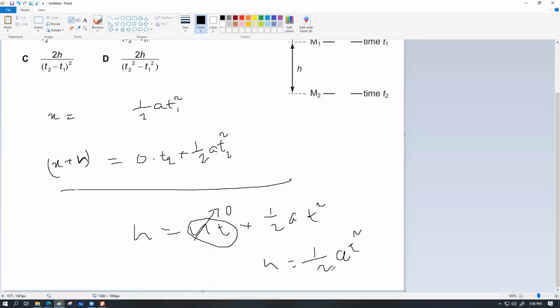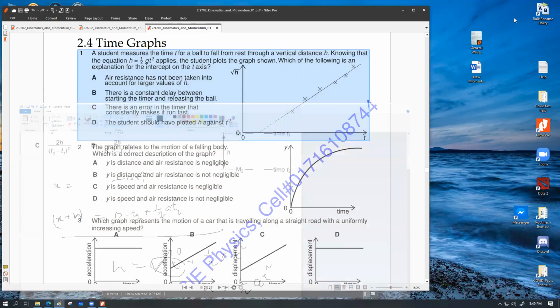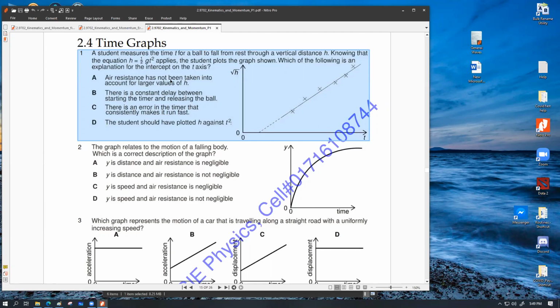You would not have a constant gradient but a curved one. You're not going to have a straight line. So air resistance has not been taken into account for larger values of h.